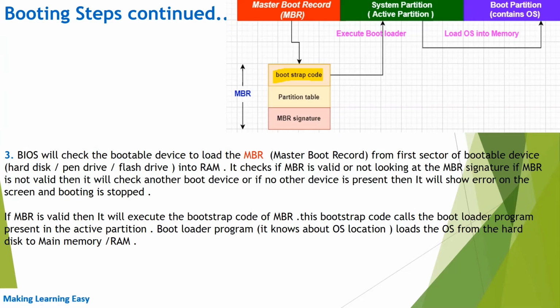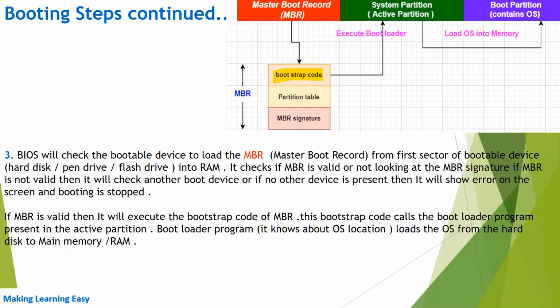Before we discuss the step 3, first you need to understand the screenshot I have attached here. At the top right, this is the view of hard disk, how our hard disk looks like. At the first position in the sector 1 you can see the master boot record, and then in the green box you can see the system partition and the boot partition in the blue box.